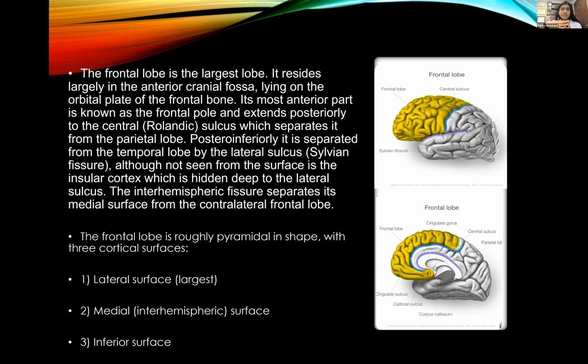The frontal lobe is roughly pyramidal in shape, so we'd say that it has three cortical surfaces. It's got the lateral surface, the medial or interhemispheric surface, and the inferior surface. The lateral surface is mainly supplied by the middle cerebral artery, and the medial and anteromedial surface is supplied by the anterior cerebral artery.